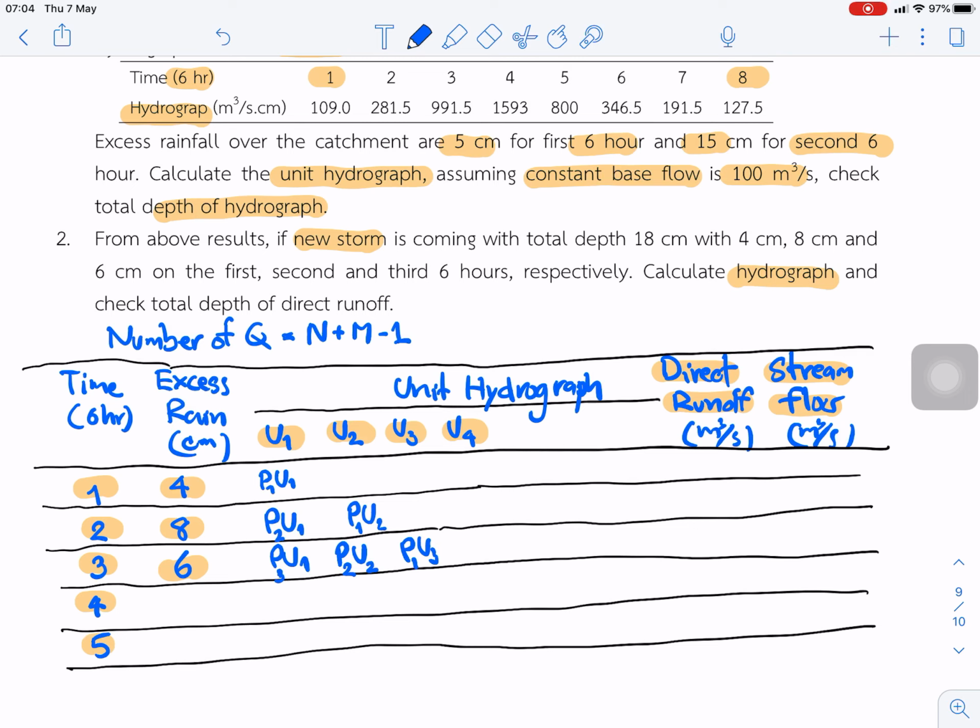And next, P1 U4. The last one would be P4 U1, but in this case we don't have P4, so this term is cancelled. So we just have only three terms for each Q.